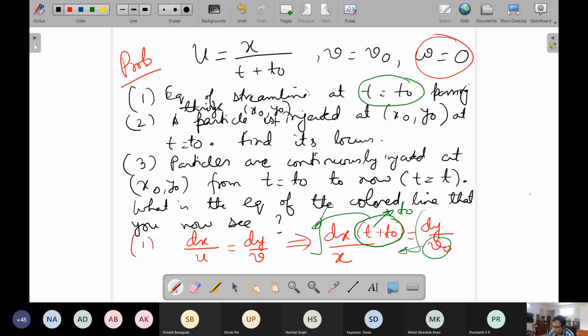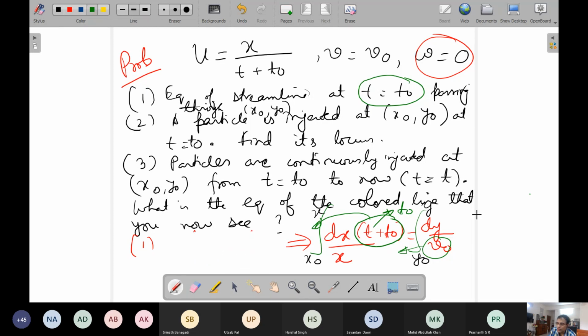So that means that you can have your initial condition y equal to y0 and x equal to x0. The streamline is passing through that, and at the current coordinate x comma y, it is x and y. So now the integration is very straightforward, and so I will erase some part to make a space to write it.